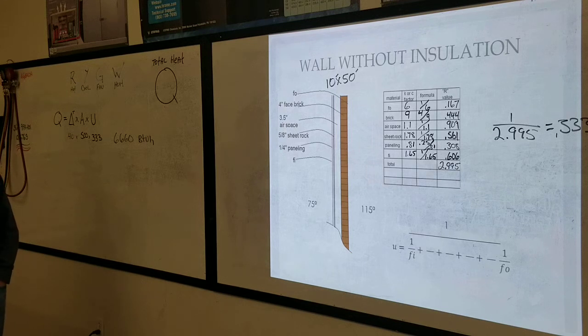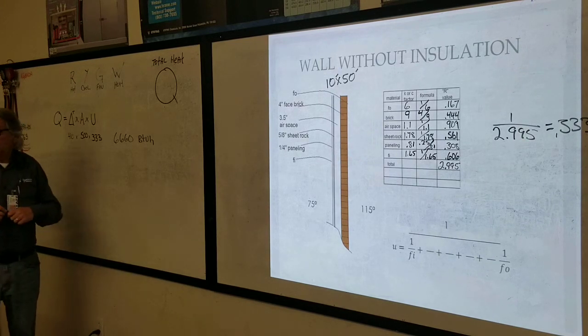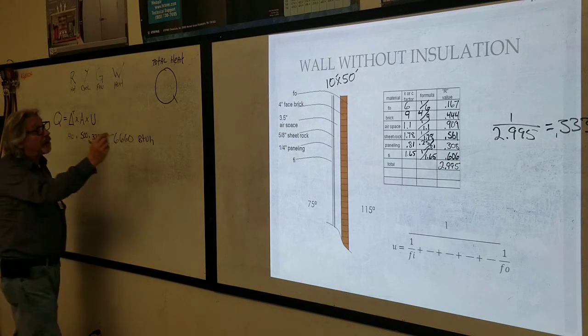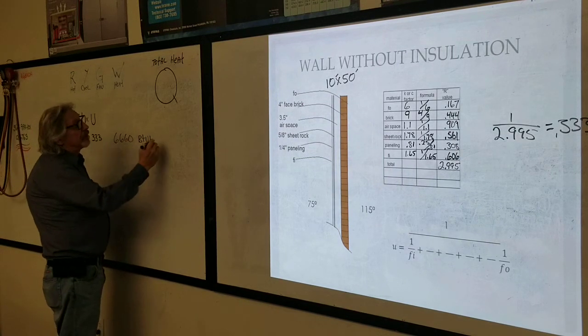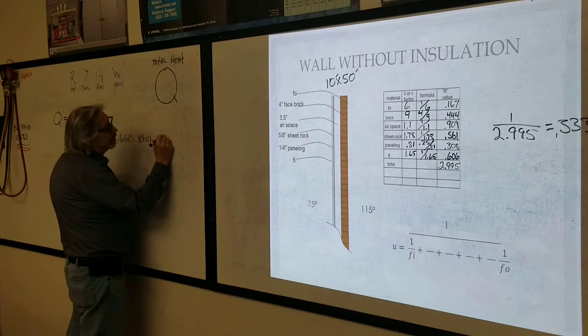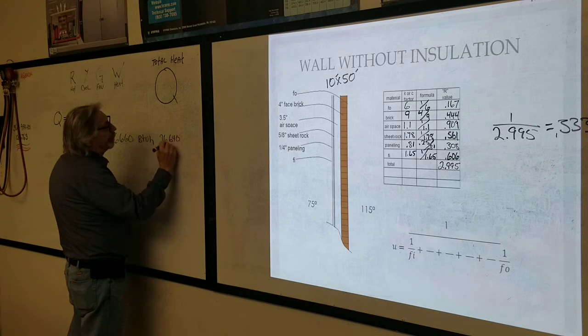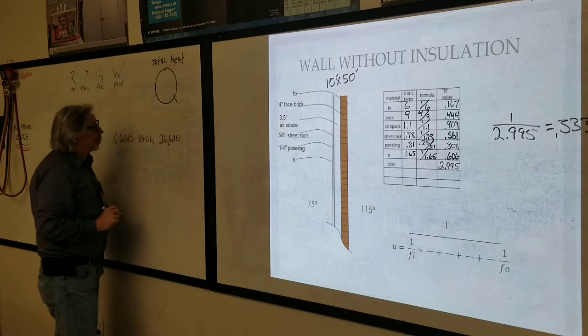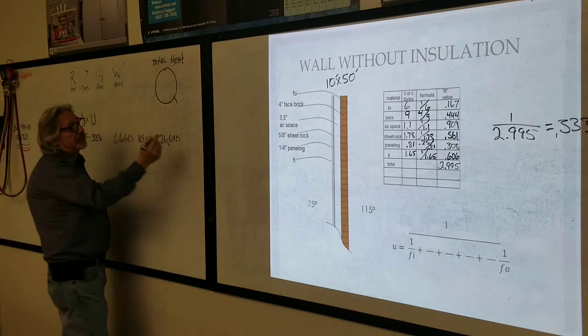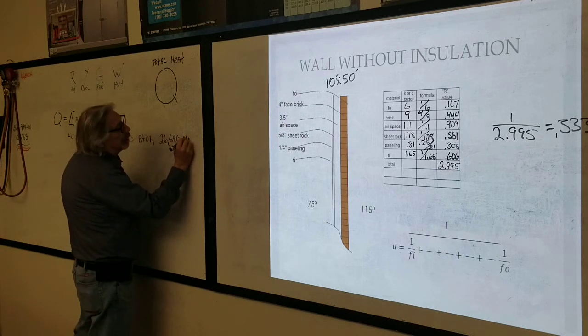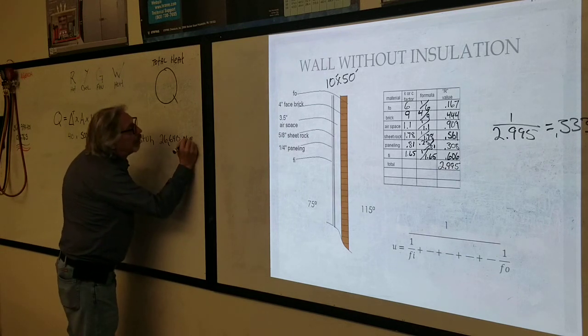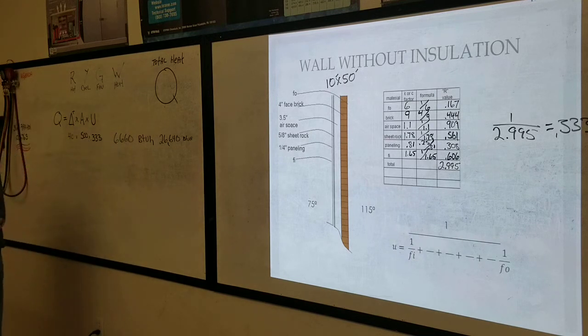So if we had 4 walls the same size, you do it 4 times: 26,640. So just the walls, we're looking at 26,000 BTUs per hour, right?